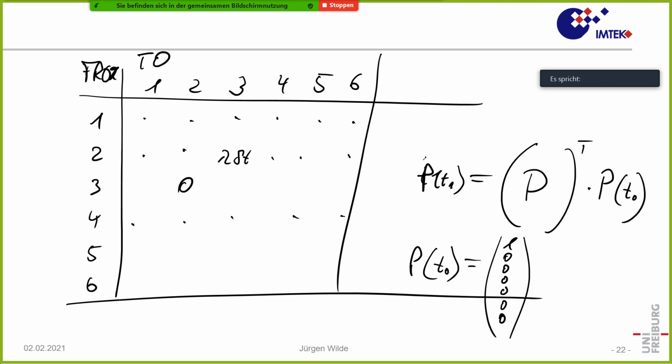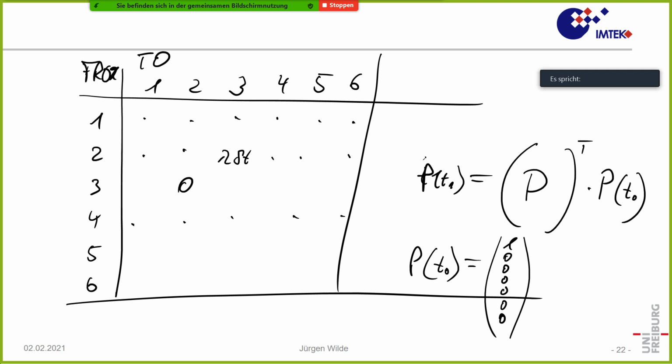When you do it numerically, you must watch so you do not take time steps which are too large, because otherwise it can happen that you end up with probabilities larger than 1. And when that happens, your complete calculation will be wrong.